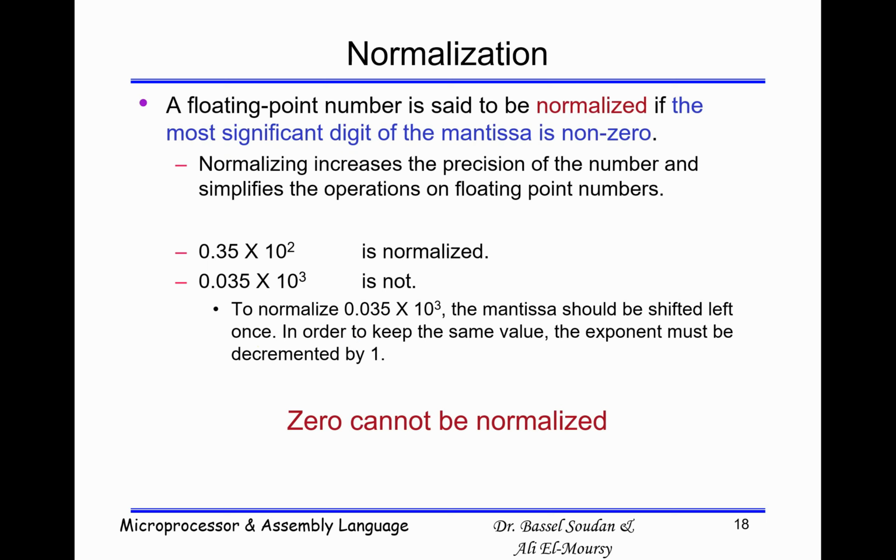There are two things that we have to highlight while we are presenting numbers in floating point. The first thing is normalization. Numbers should be represented in floating point as what we call normalized numbers. Normalized means that you have all of the digits of your number to the right of the decimal point.